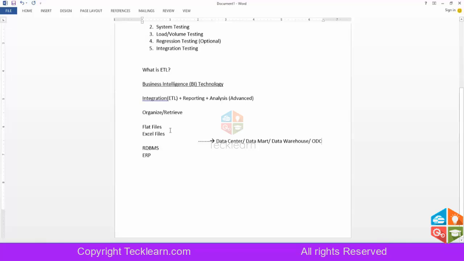This is where integration services will come into picture. Now it is a time to elaborate ETL. ETL stands for extract, transform and load.